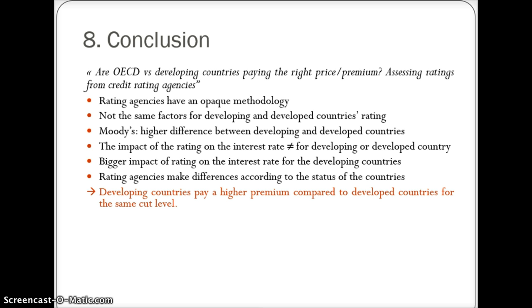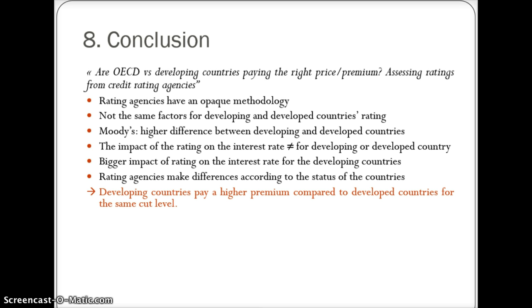The second step consisted in predicting interest rates according to our previous results. Our research question was, are OECD versus developing countries paying the right price premium, assessing ratings from credit ratings agencies? We can notice that the impact of the rating on the interest rate is different for developing and developed countries.